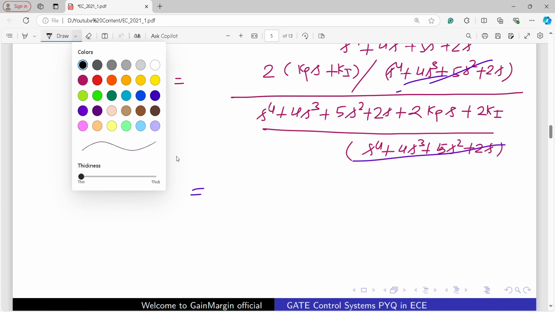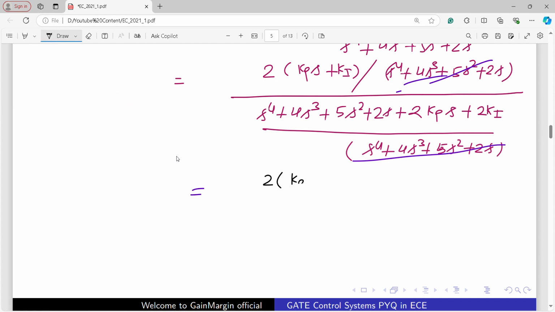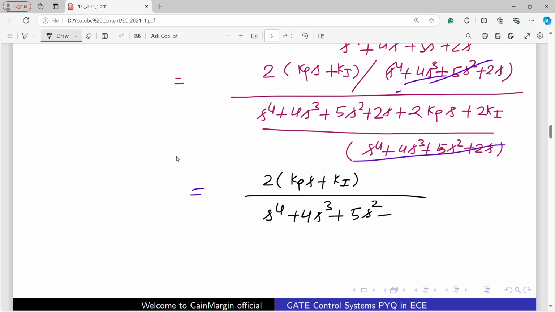would be 2 into (Kp s plus Ki) by s power 4 plus 4s cube plus 5s square plus 2s. This term is the same, so let us collect it, plus 2 plus 2Kp, okay, and s, and the remaining constant term 2Ki.